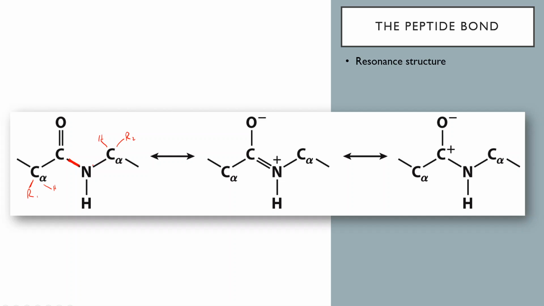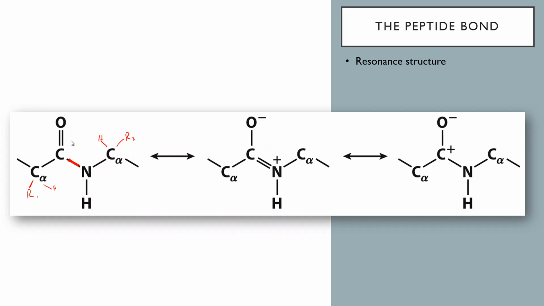And this normally is depicted like this, where you have a carbonyl carbon single bonded to the amino nitrogen, and that nitrogen just has 3 bonds attached to it. But it turns out that this structure, this peptide group, has some resonance structure to it. The electrons that are shared between the carbonyl carbon and its oxygen atom can go back and forth between the two.